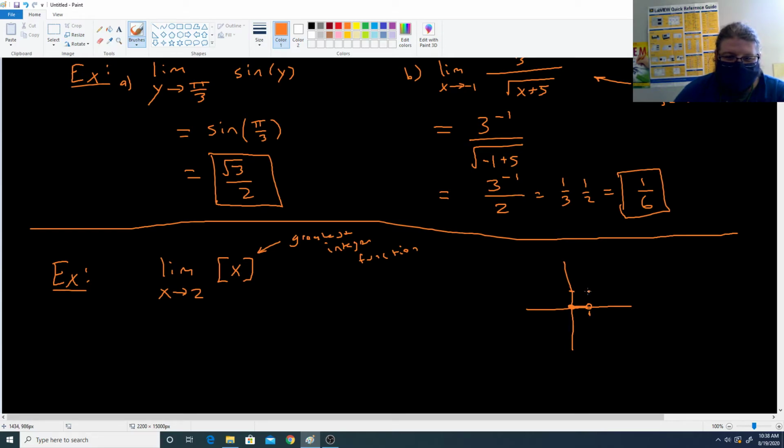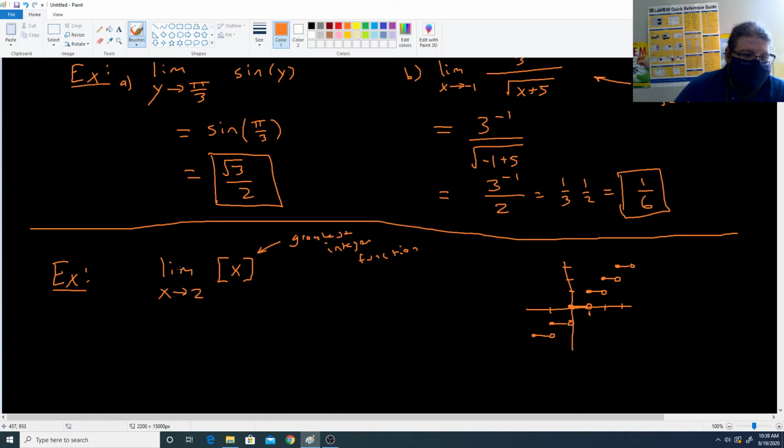Then at 1, 1 is 1. All decimals like 1.3 is still 1, 1.4 is still 1, until you get to 2. So it's a little step function like this, where every time you hit the next whole number, you jump up to the next step, and your y's stay there until you get to the end. And then over here, it just continues on like this forever.